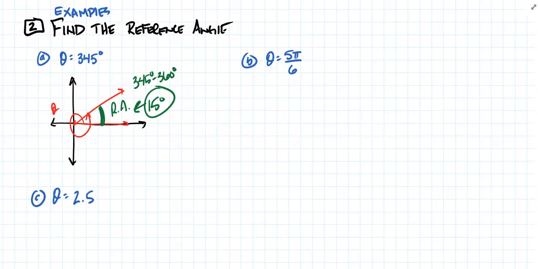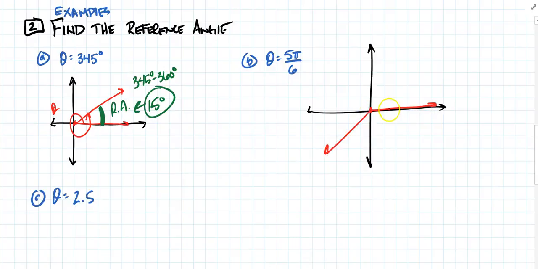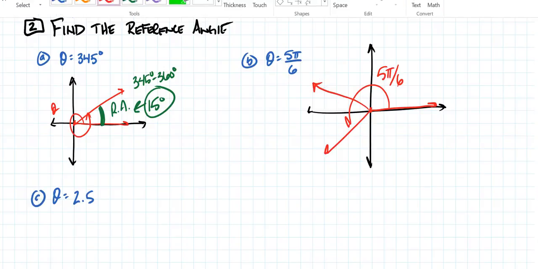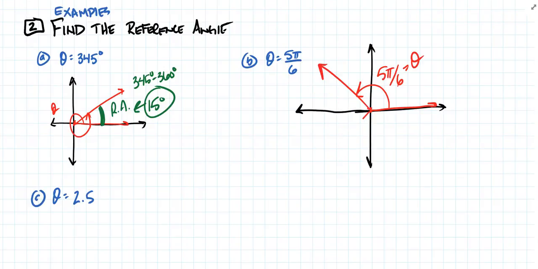So let's figure out where in the heck is 5 pi over 6. Oh, excuse me, 5 pi over 6 is right here. My bad. Sorry about that. 5 pi over 6 is over here in quadrant number 2.